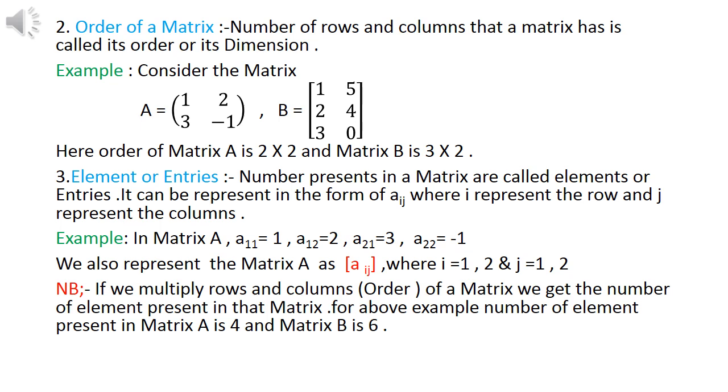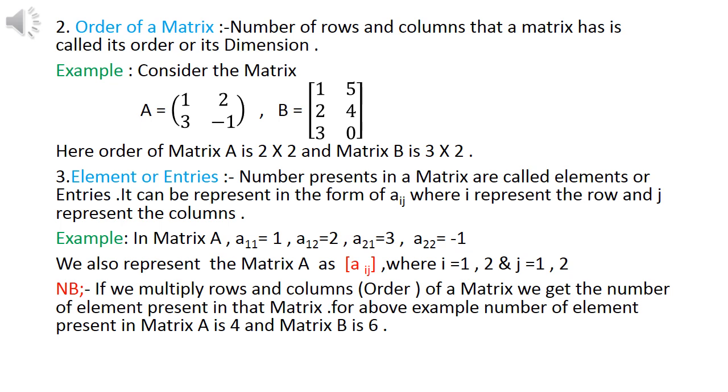Next, elements or entries of a matrix. Numbers present in a matrix are called elements. It is also known as entries. It can be represented in the form of small a_ij, where i represents the row and j represents the column.